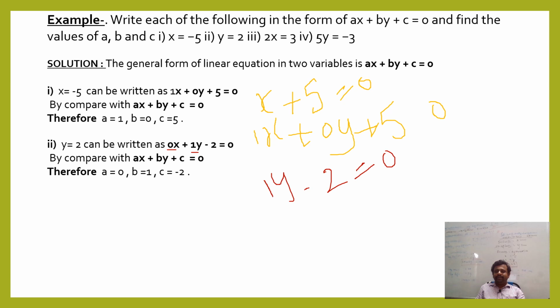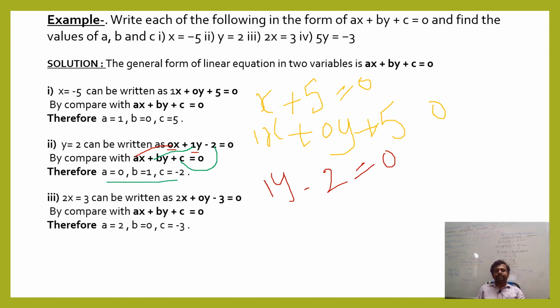By comparing with ax plus by plus c is equal to 0, a is equal to 0, b is equal to 1, c is equal to minus 2.